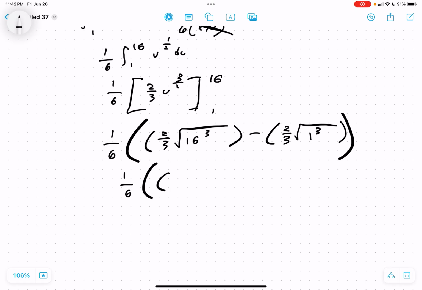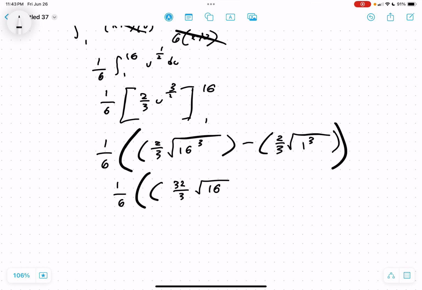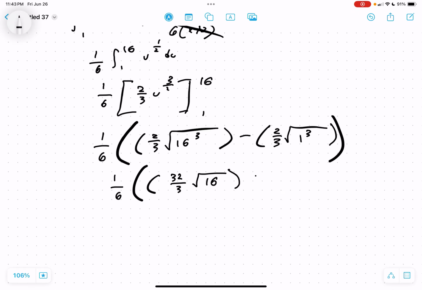So it's going to be 2/3 times 16 times the square root of 16, and that's going to equal 32 over 3 square root of 16. And I am going to subtract this. Now, the square root of 1 cubed is 1, so I just have 2/3 here.